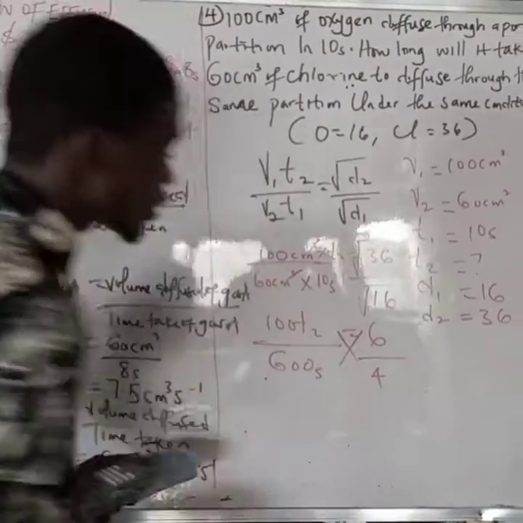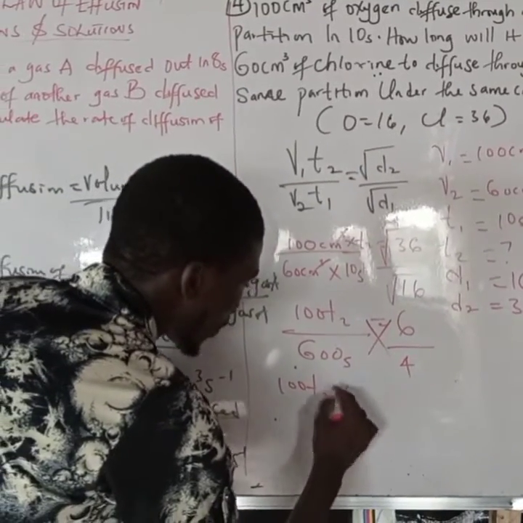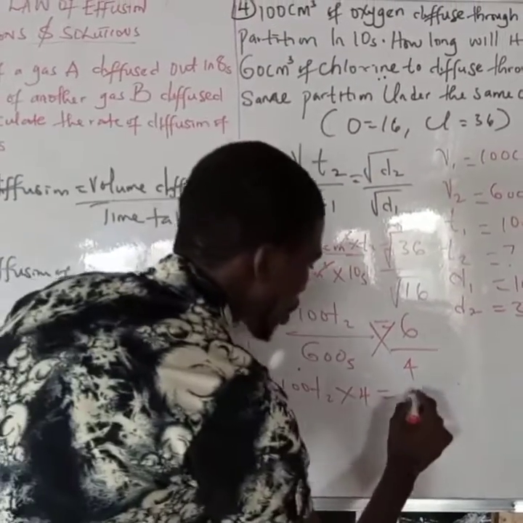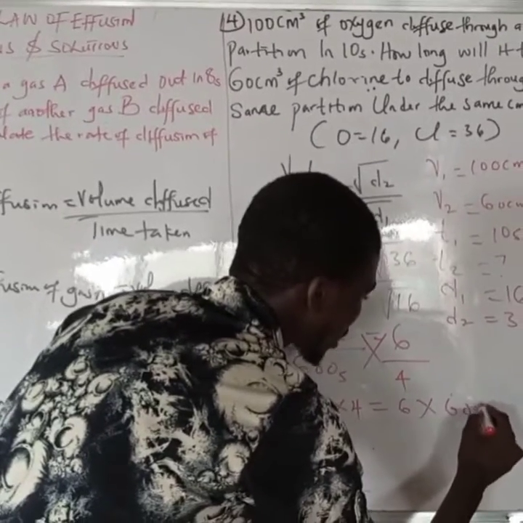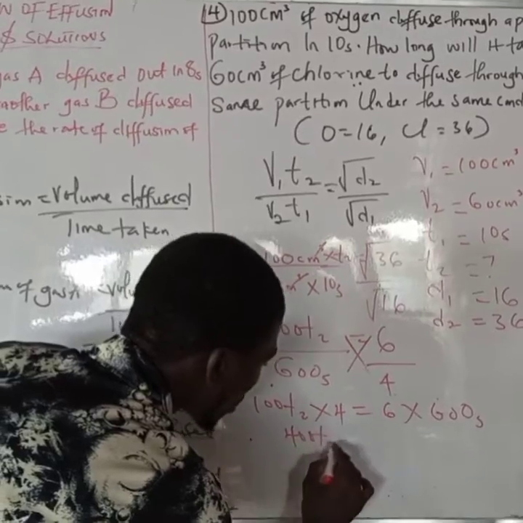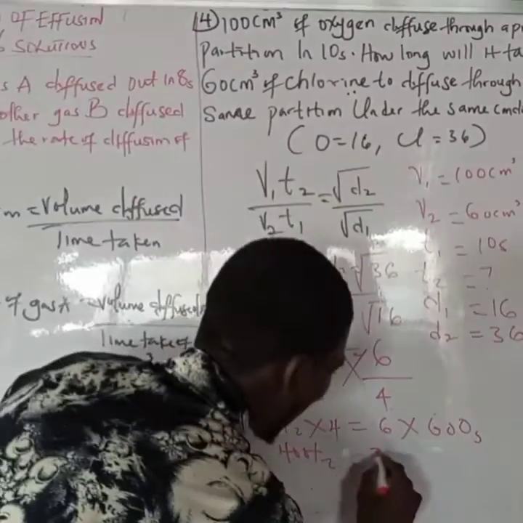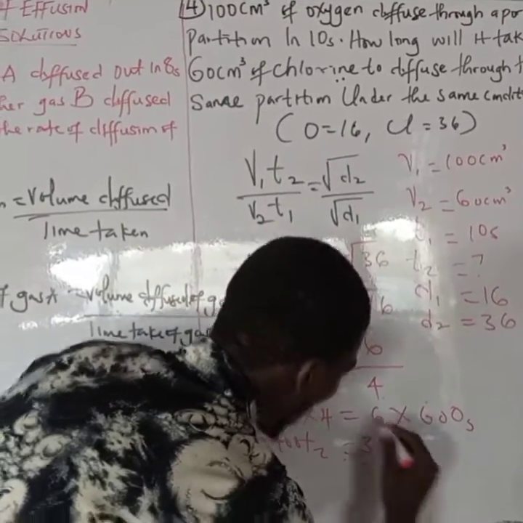Then we cross multiply. So with that we have 100 T2 multiplied by 4 is equal to 6 times 600 seconds. So we have 400 T2 is equal to 600 times 6, we have 3,600 seconds.